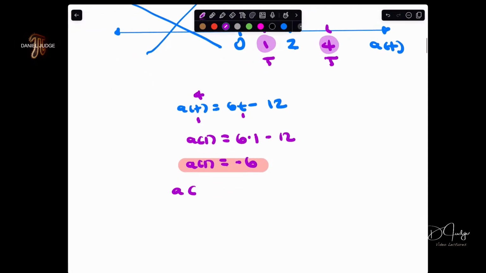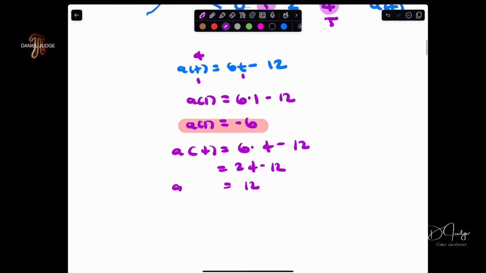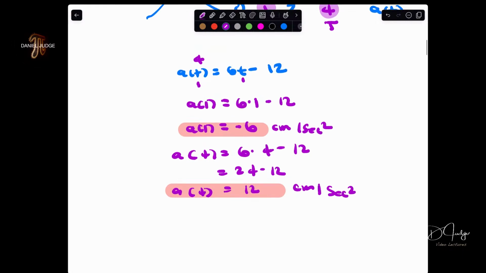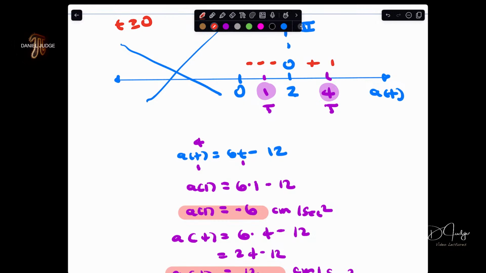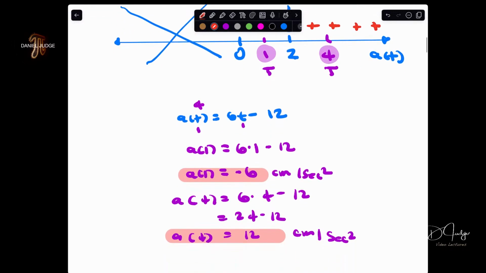And we can see a of 4 is 6 times 4 minus 12, 24 minus 12, which is 12. So a of 4 is 12. And it's positive. Now, let's be careful. We're going to put the units centimeters per second squared. So at 4 seconds, acceleration is 12 centimeters per second squared. So that's kind of interesting, but under sign analysis, we want to point out that this is 12 here.